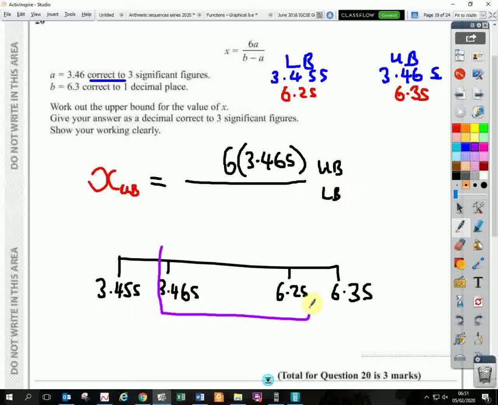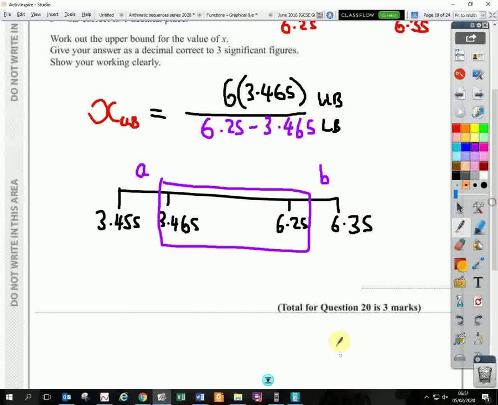So we're going to use the lower one of b, remember this is b, and the higher one from a, because then the gap is going to be as small as possible. So 6.25 minus 3.465. And when you type this into the calculator, we end up with a final answer to three significant figures of 7.46.